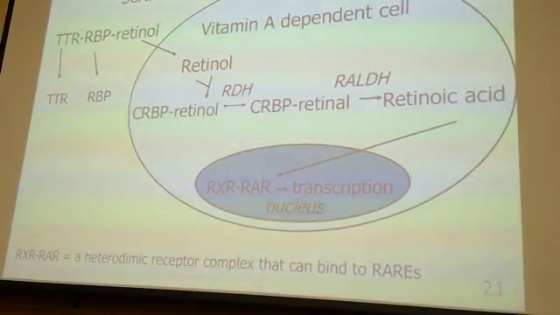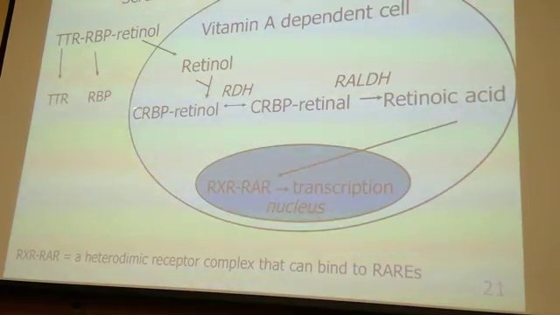Okay, so we have our transthyretin retinol binding protein bound to retinol, circulating in the serum. Retinol is taken up into the cell. This can be bound by our retinol binding protein. This can be converted by these dehydrogenases in a sequential manner.